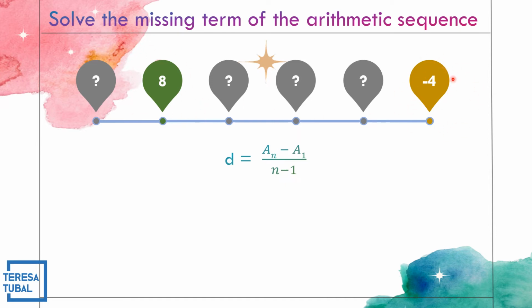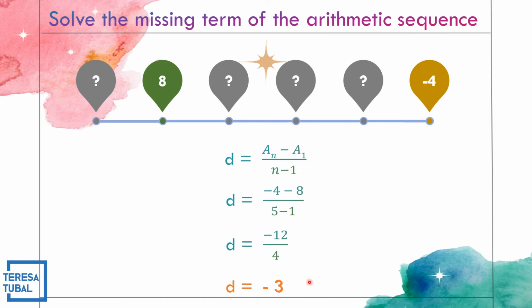So negative 4 minus 8, and if we count from 8 up to negative 4, 1, 2, 3, 4, 5. So that is 5 minus 1. Negative 4 minus 8 is negative 12 over 4. Negative 12 divided by 4 is equal to negative 3.